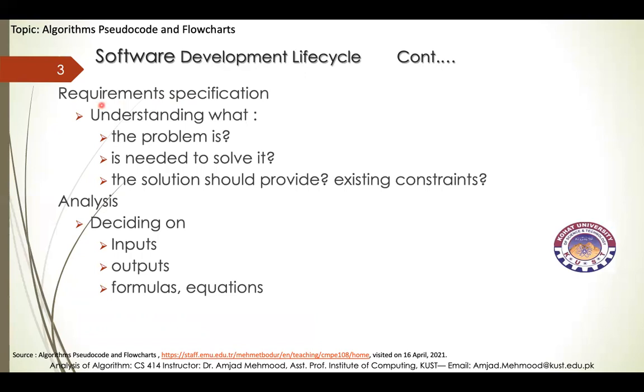To understand what the problem is, why you want to solve this problem, what's the solution you should provide, and what are the constraints on that problem. And then analysis, we will be discussing inputs, outputs, formulas and equations which are under analysis.